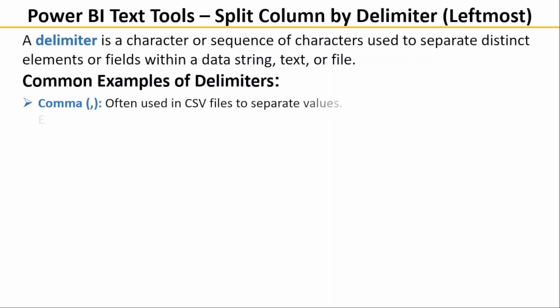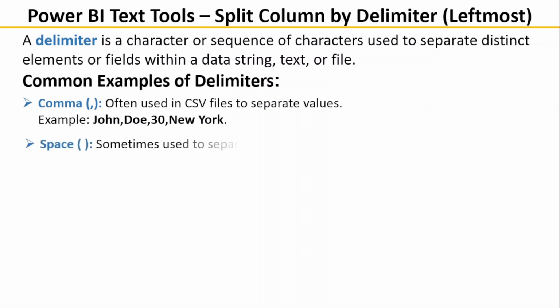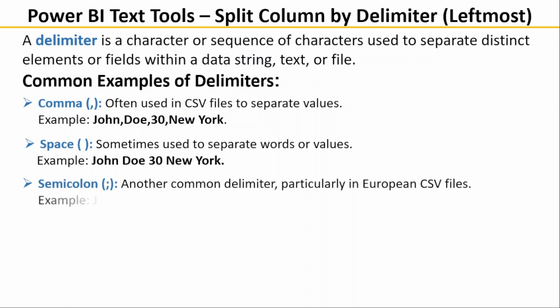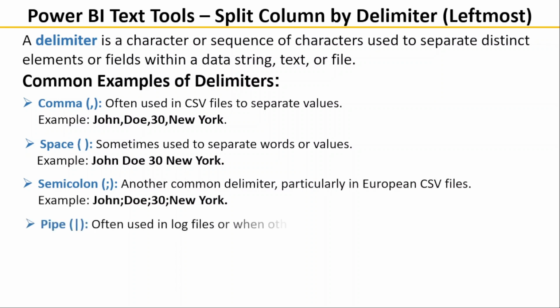Common examples of delimiters. Comma. The comma is often used in CSV files to separate values. For examples, we have John Doe, 30, and New York, all separated with a comma. Then we also have the space delimiter, which is sometimes used to separate words or values.